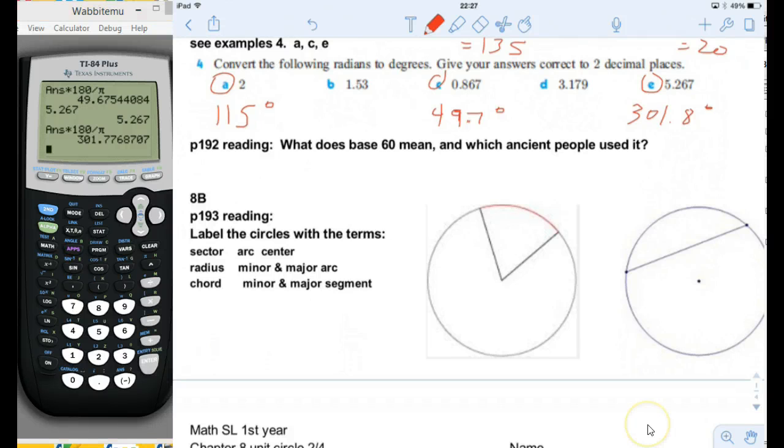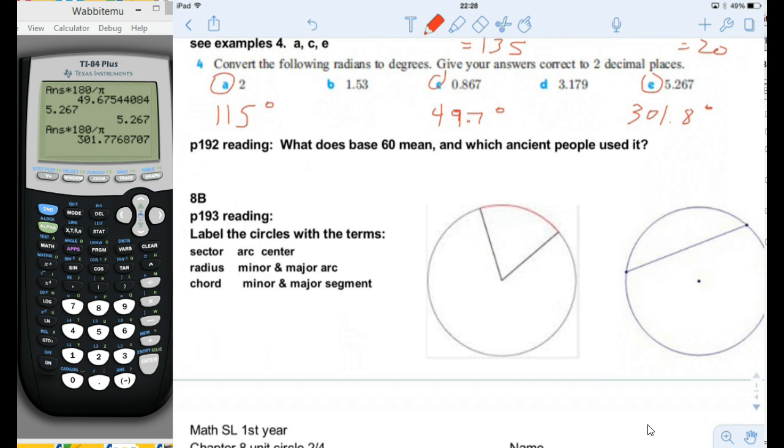One of the possible reasons that 60 appears often with angles is because it was used by the ancient Babylonians as a base for their numbers. For example, we use base 10, meaning 1-digit numbers represent numbers from 0 through 9, and it becomes a 2-digit number when we represent 10.